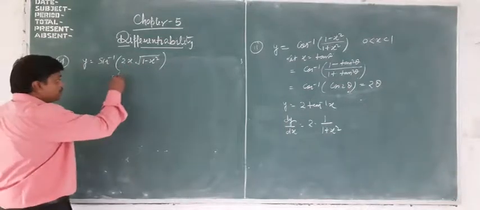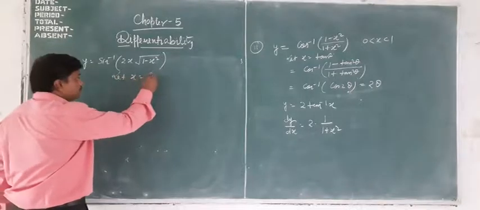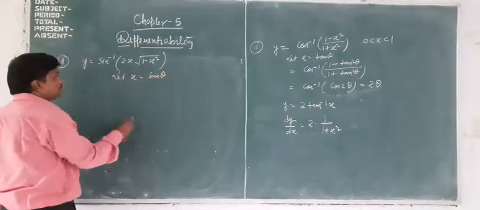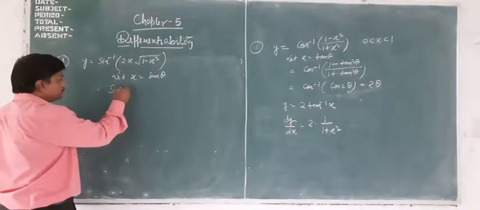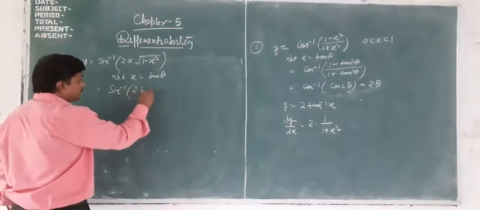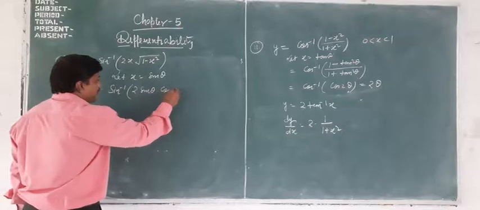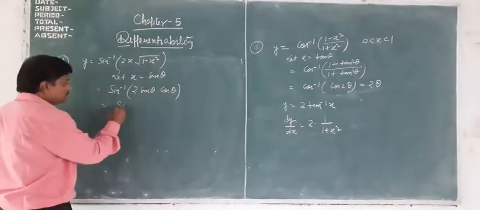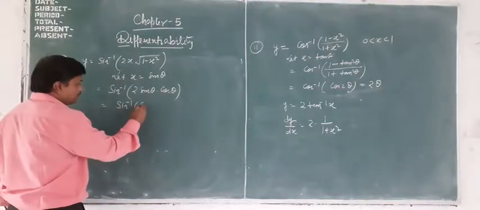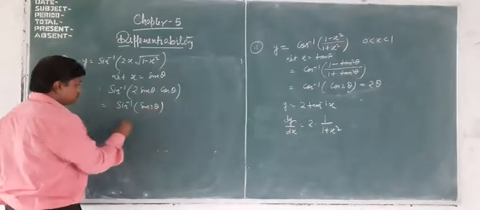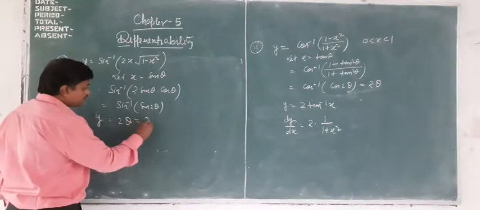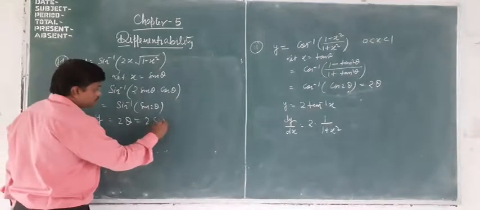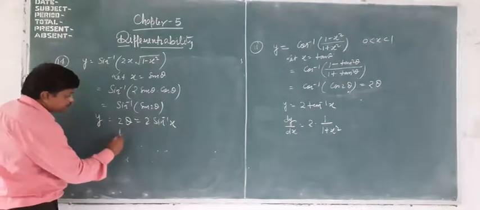If you put x equal to sin theta, then root 1 minus x square will become cos theta. So this result is sin inverse of 2 sin theta cos theta, and this value is sin 2 theta. So this is sin inverse sin 2 theta, which is 2 theta again.